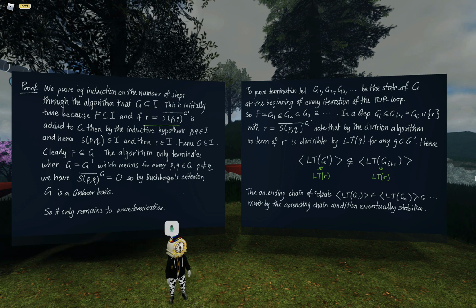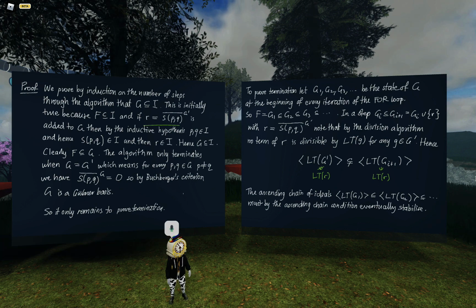If it eventually stabilizes, that means this can never happen. For that to never happen, it can never be that you ever add anything to G. But that means that past some stage in the algorithm, G is equal to G prime.